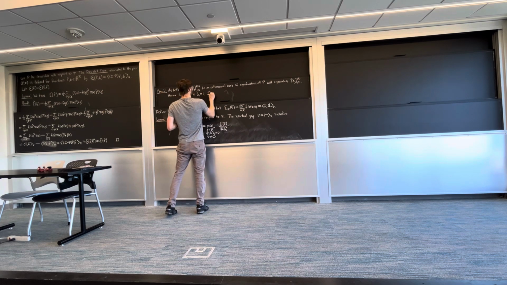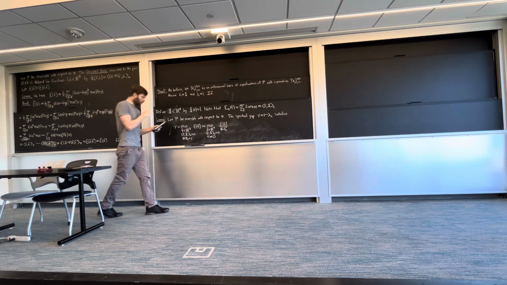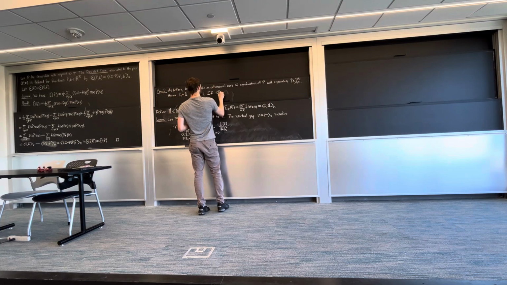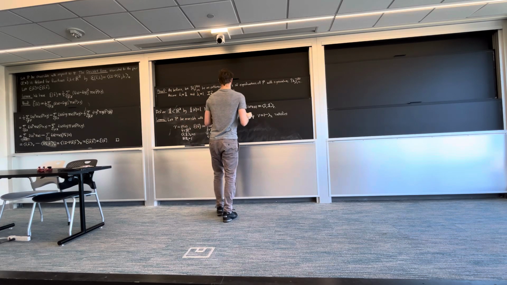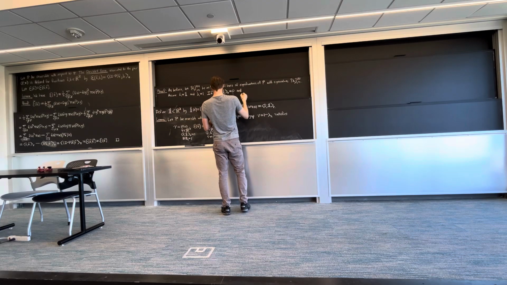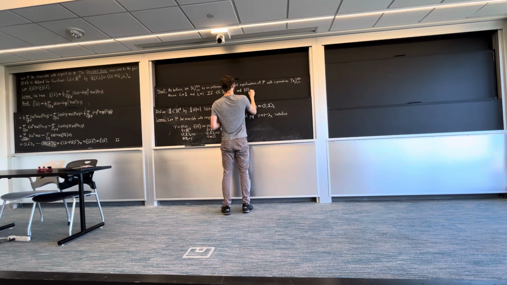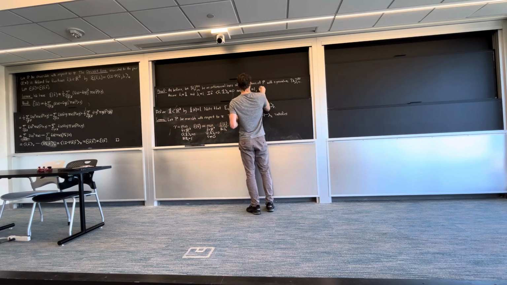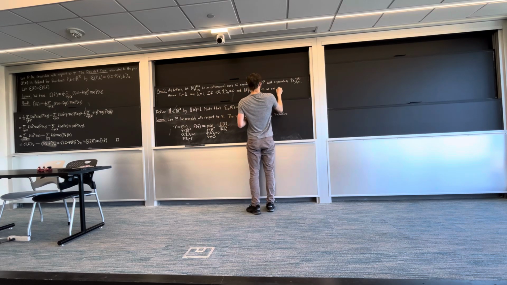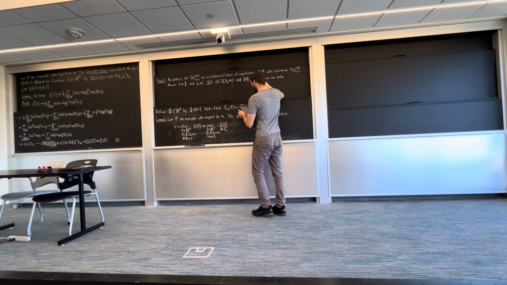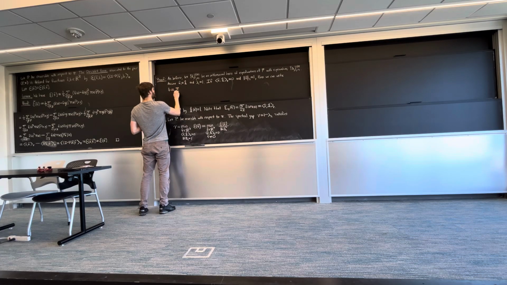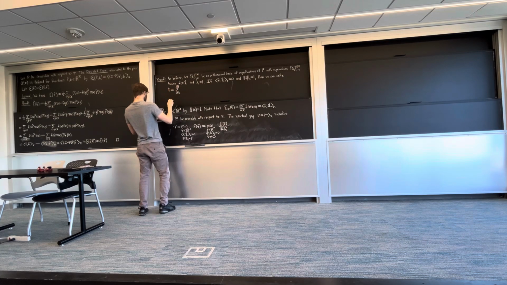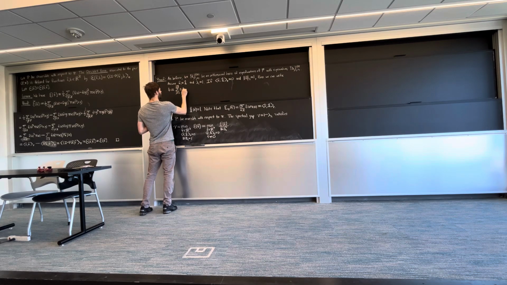So if we have some function satisfying these properties, if the inner product of f with Blackboard bold 1 is 0, and the 2 norm of f is 1, then we can write f as the sum from j equals 2 to the size of X of a_j f_j.